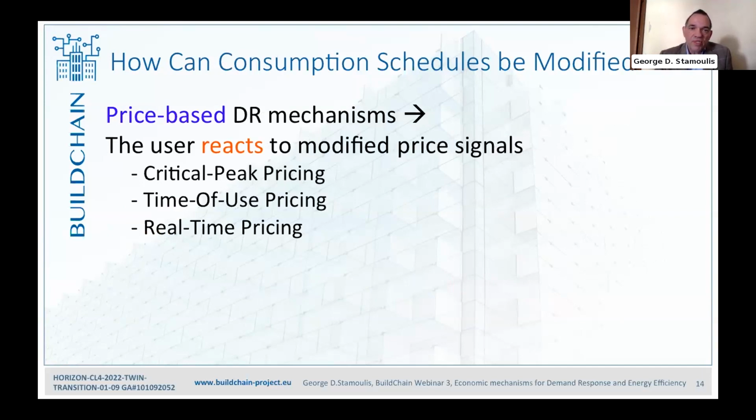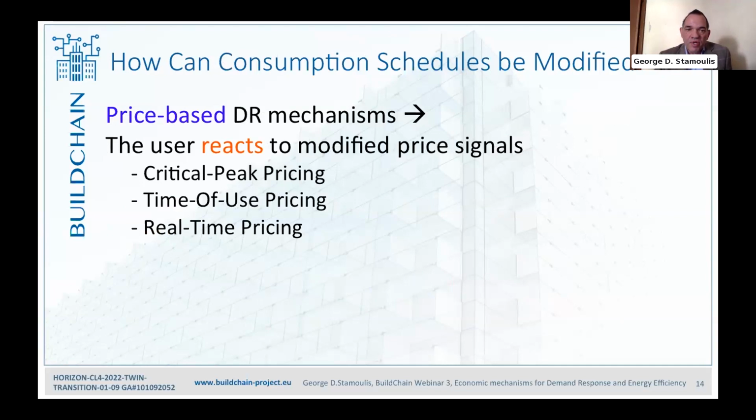So how can the optimal consumption schedule be modified? For a particular pricing scheme faced by the user, the optimal schedule is given. So one way is to change the pricing scheme. And so we have price-based demand response mechanisms, to which the user reacts to modified price signals.